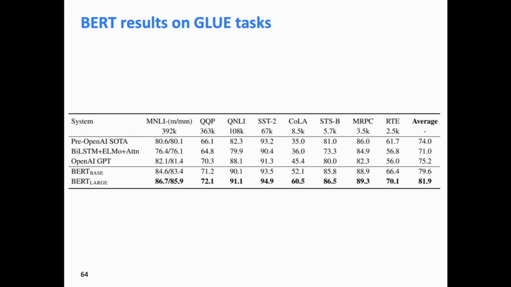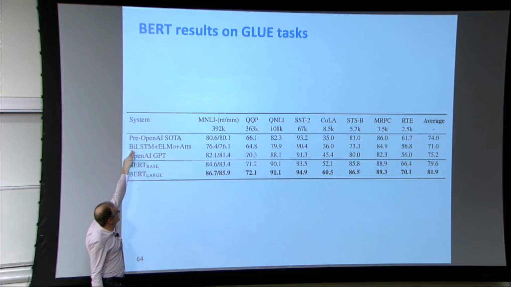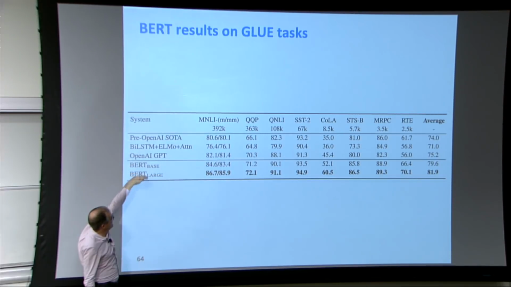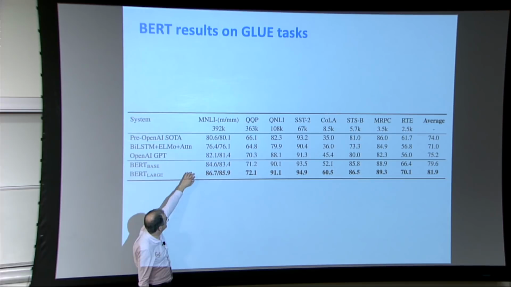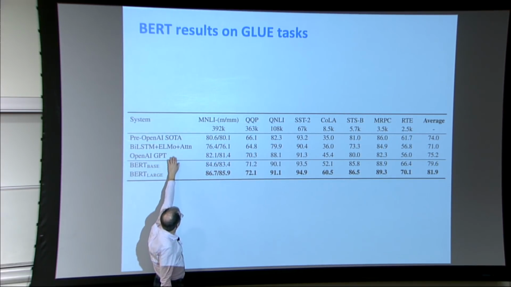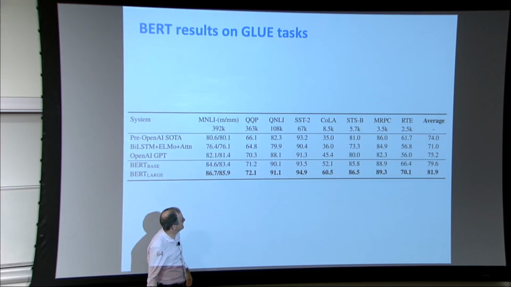But if we look at these GLUE tasks, these are showing the pre-OpenAI state-of-the-art, how well ELMo works, how well OpenAI's GPT works, and then how well the small and large BERT models work. And effectively, what you're finding is that the OpenAI GPT was pretty good. It showed actually good advances on most of these tasks.